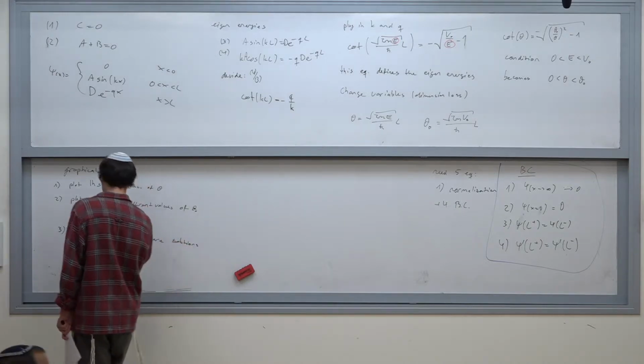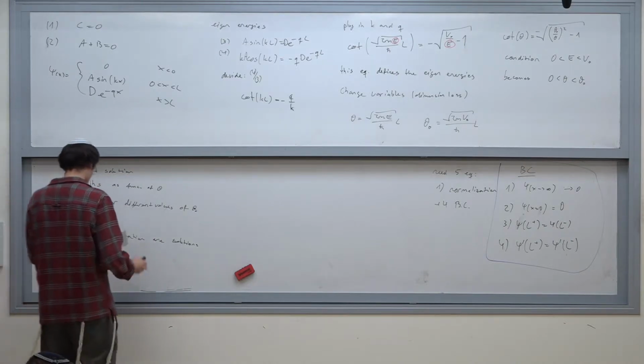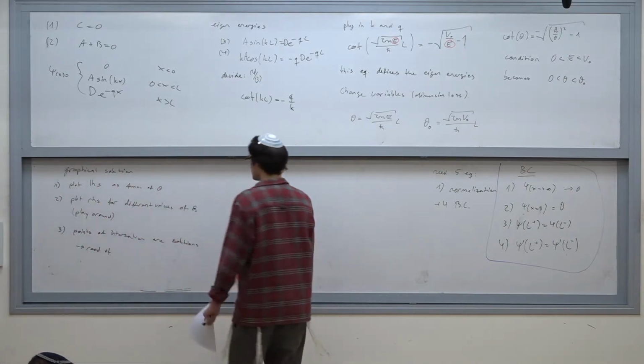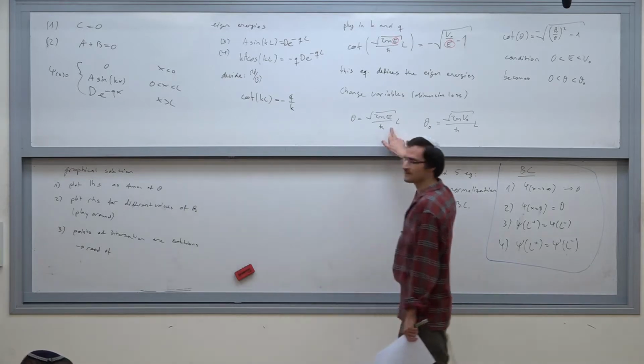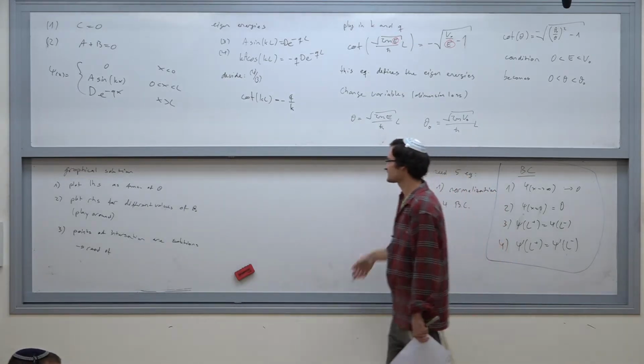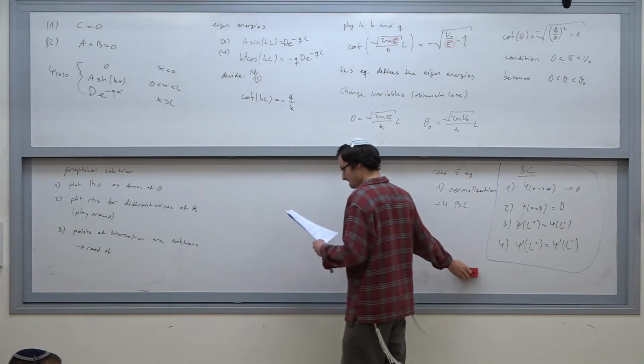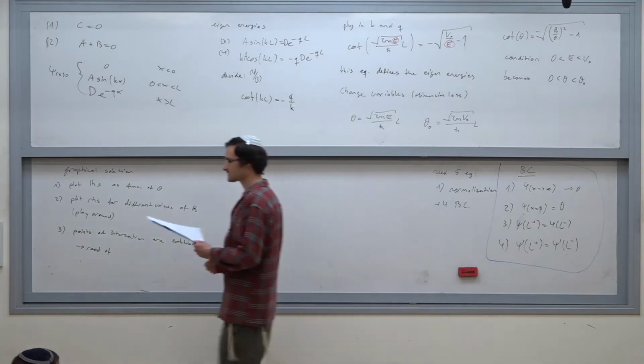So you just read them off. I can read off the value of theta, I can then find the energy, which is what I'm looking for. That's how simple it is. Right, so let's do so.